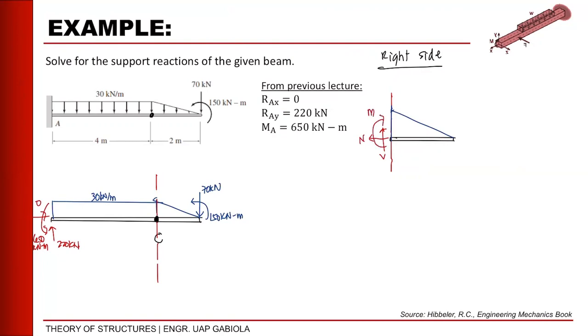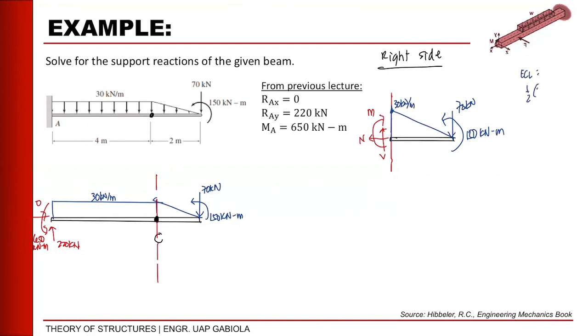And then, ano ba mga forces natin? So, we have a vertical force na 70 kilonewton. And then, we have a applied o point moment doon na 150 kilonewton meter. Okay? So, ang kulang na lang natin is itong ano natin. Ito is 30 kilonewton per meter. So, kunin natin yung ECL.